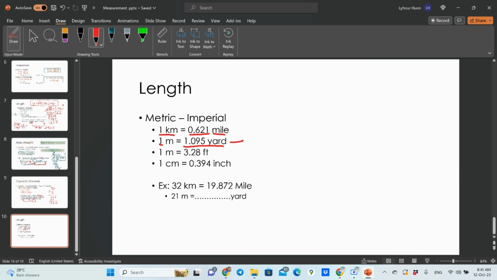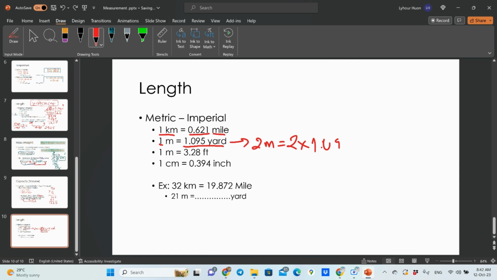For example, 2 meters equal to, can you guess? 1 meter equals 1.095 yard. 2 meters equal to 2 times 1.095 yard. From this, do you think we multiply or divide? Multiply, yes, multiply.